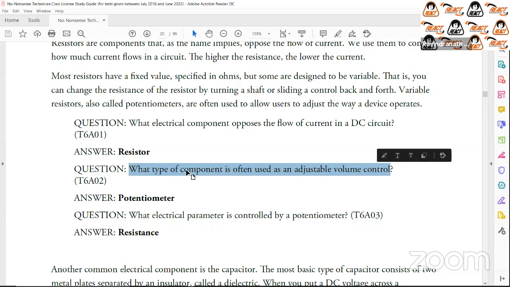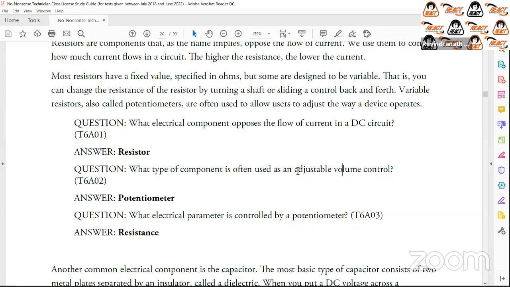Next question. What type of component is often used as an adjustable volume control? What they are just simply asking you here is another way to ask you, what is a variable resistor? Because in a radio, let's say if you have your car stereo or your home radio, when you turn that little dial to increase the volume or decrease the volume, what that really is turning is a variable resistor.